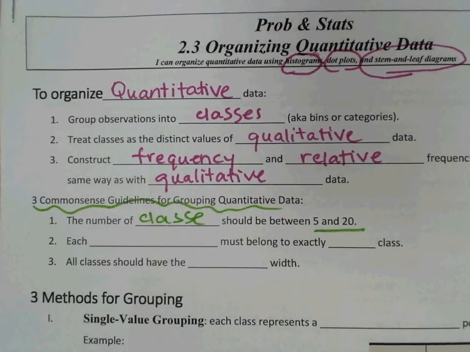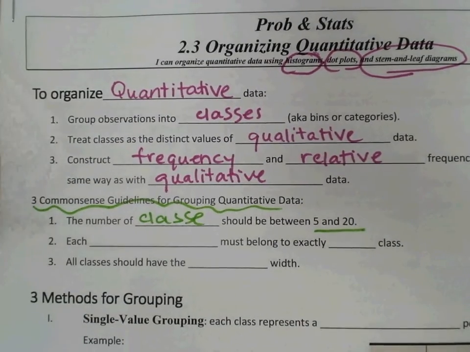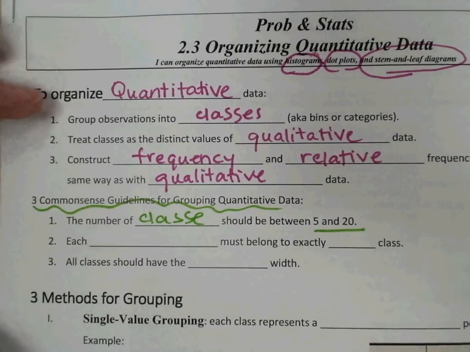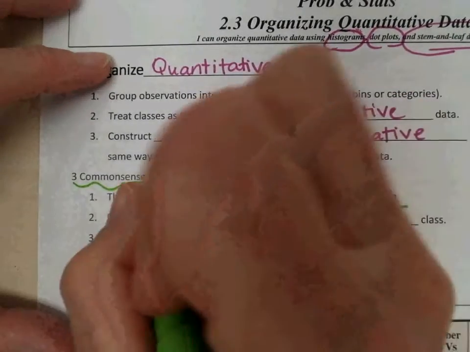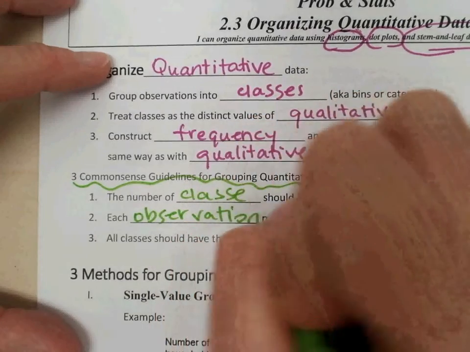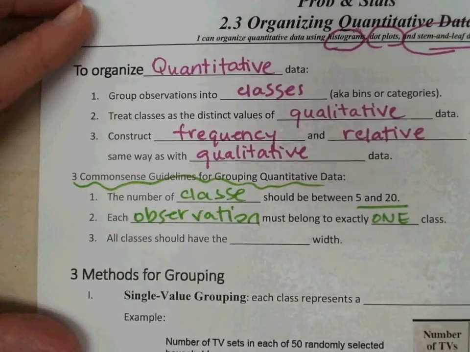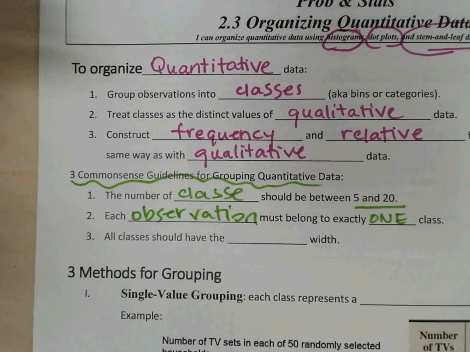That no longer even feels like it organizes the data for us to be able to analyze and interpret all that well. The second thing is each observation must belong to exactly one class. And lastly, all classes should have the same width.